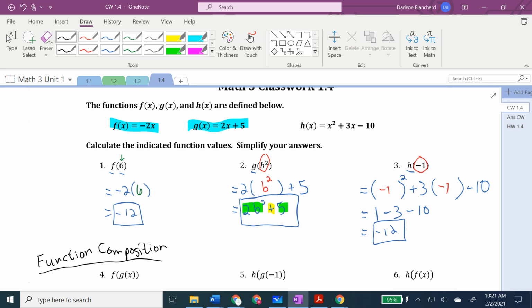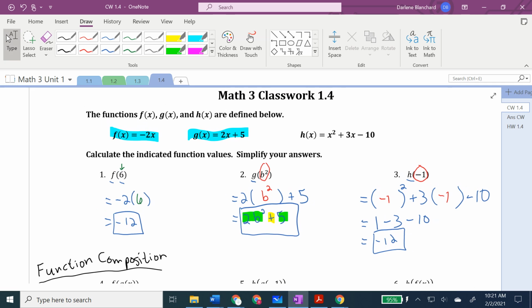If I were to add them together, for example, if I said, I want you to find f of x plus g of x, then you would write each of them down. This plus sign stays a plus sign between them. -2x plus 2x is 0, and I end up getting 5.